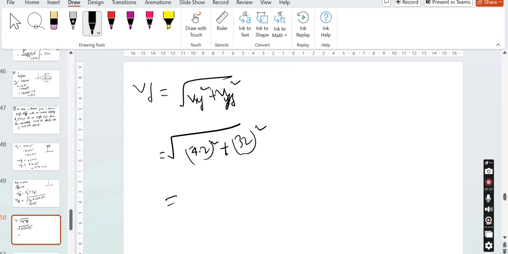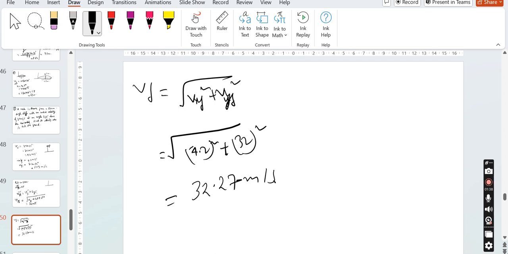And that will give us 32.27 meter per second.